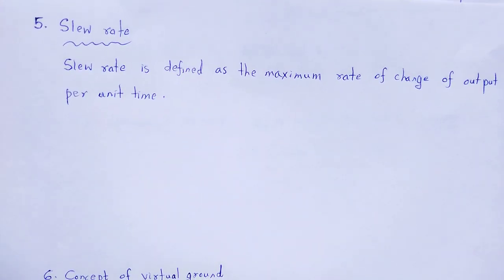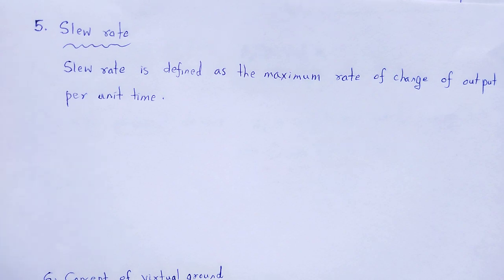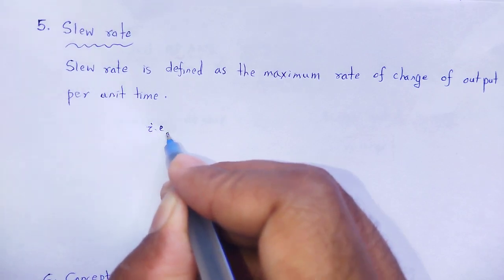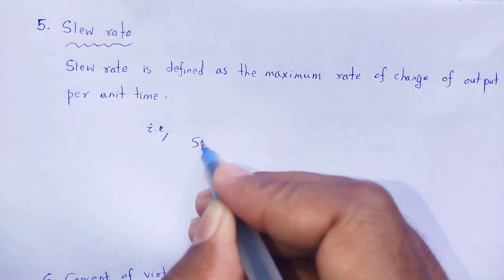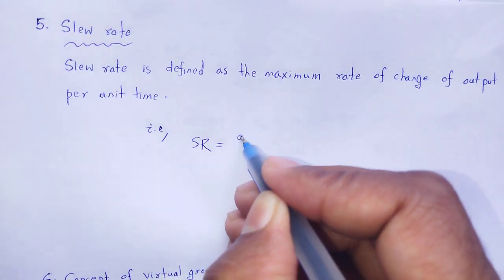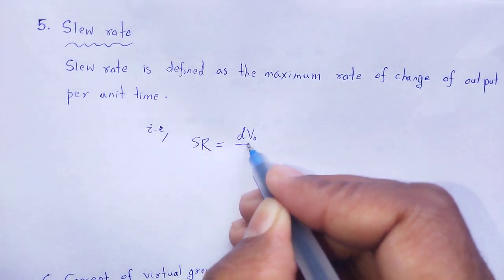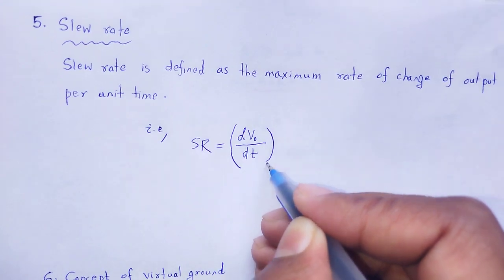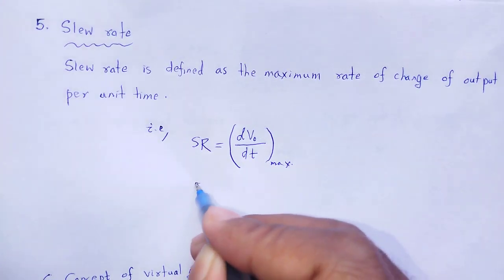Slew rate is defined as the maximum rate of change of output voltage per unit time. How? The output voltage changes with respect to time at the maximum situation.